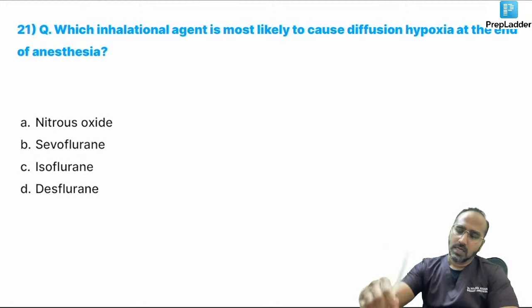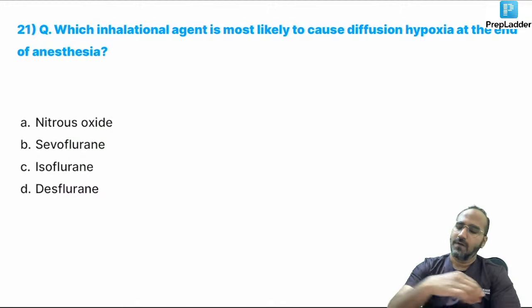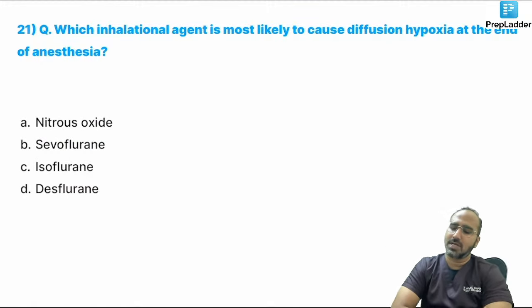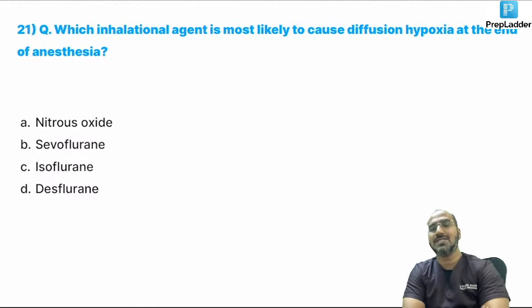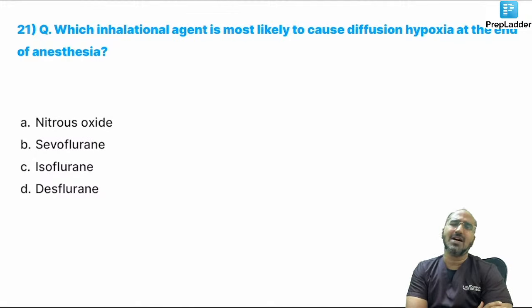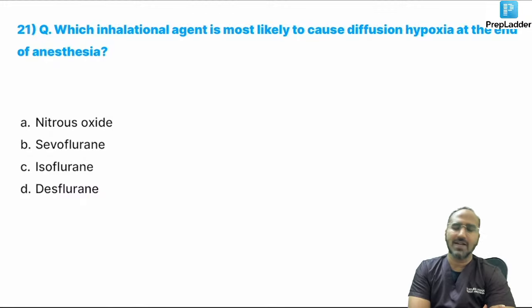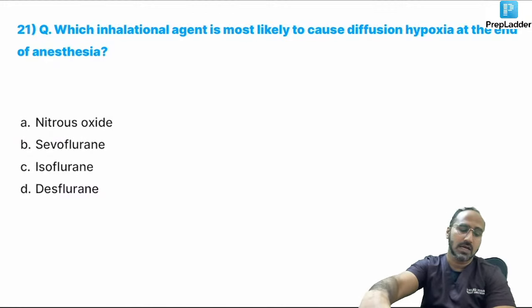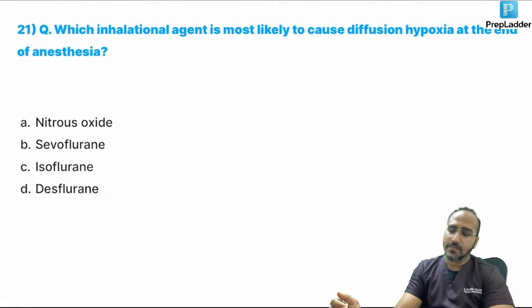Okay. Guys, which inhalational agent is most likely to cause diffusion hypoxia at the end of surgery? Normally, this will happen at the end of general anesthesia. When you are switching off one gas, the patient will develop a sudden fall in oxygen saturation. Why will it happen, guys? And with which gas will it happen? It will happen with a gas called nitrous oxide.